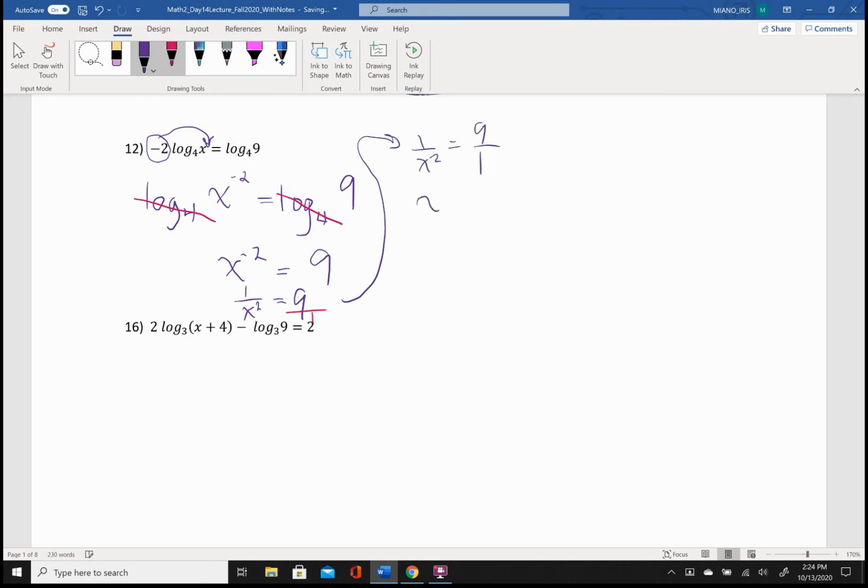Therefore, x squared should equal 1/9. Luckily, both 1 and 9 are perfect square numbers, so we can rewrite them as something squared, right? Yes, there we go.